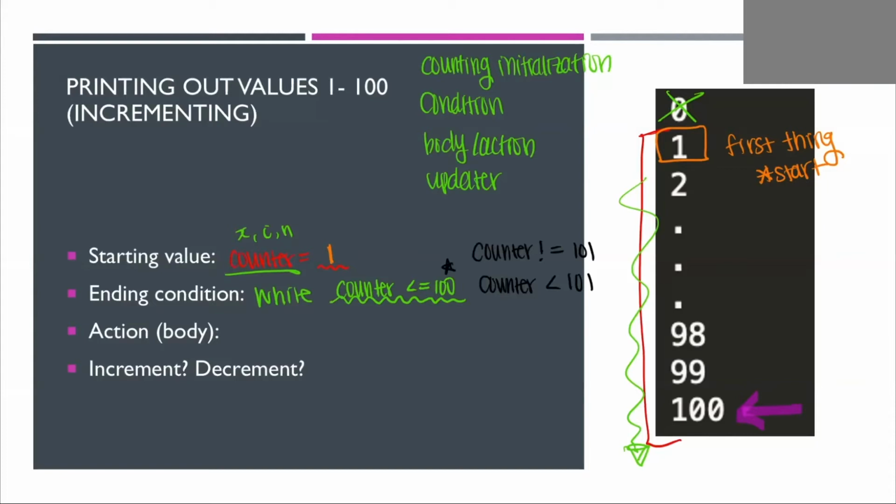And what is our action going to be in this particular case? What do we want to do every single time our loop runs? Yes, we want to print our variable.